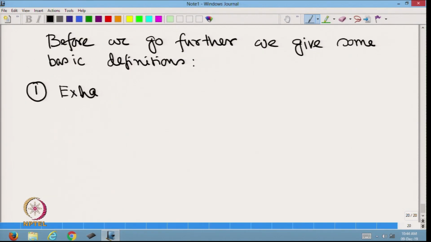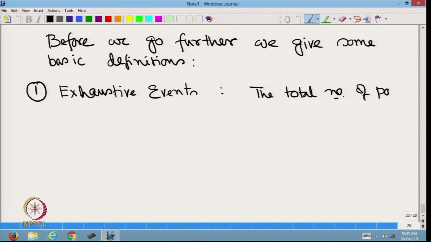Exhaustive events. The total number of possible outcomes is called exhaustive events.